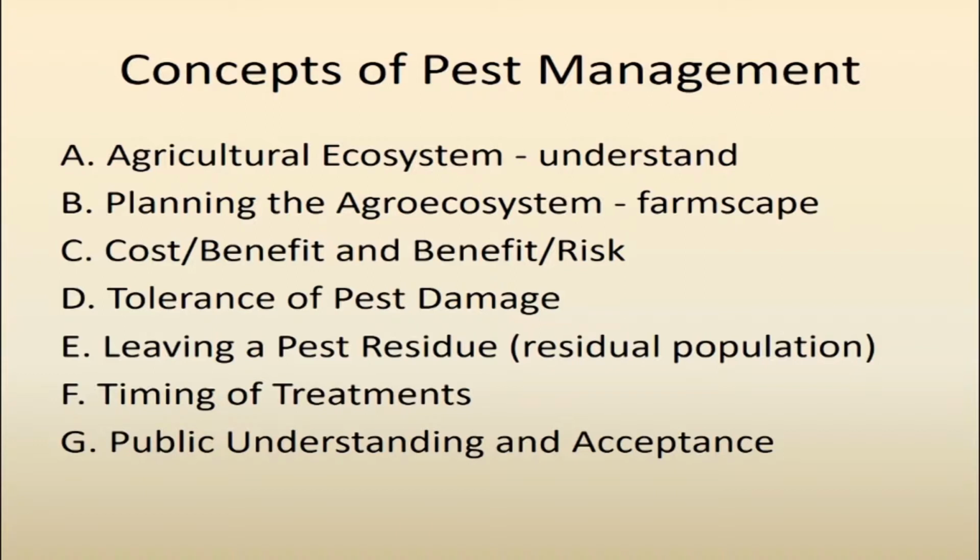And then we have to look at what is the level of insect which can be tolerated by the plant, with which we can increase the production with less input of pest management by human intervention. And then we should think of leaving a pest residue.